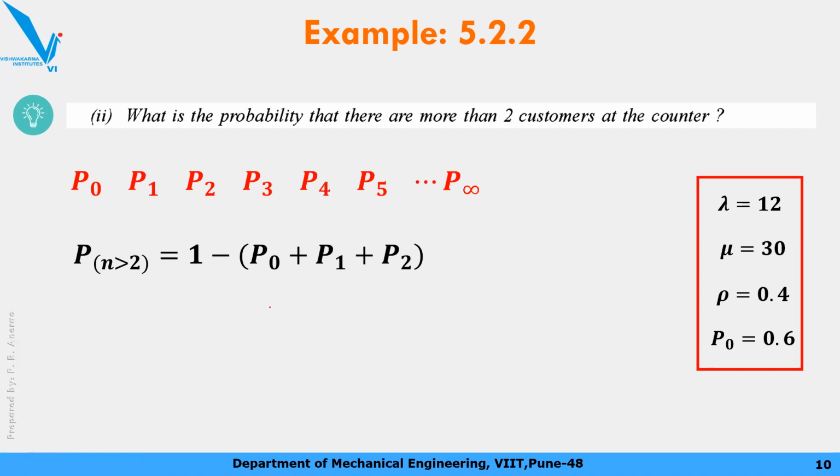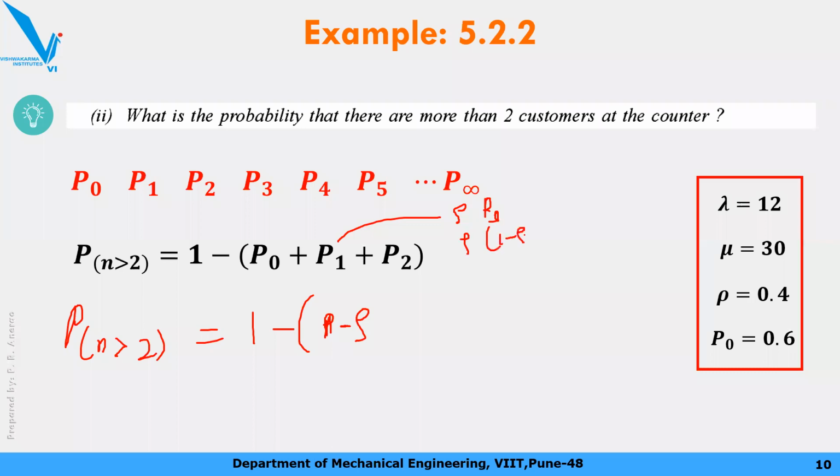Further, I can simplify this equation. You can have P(n greater than 2) equal to 1 minus P0, where P0 is 1 minus rho.